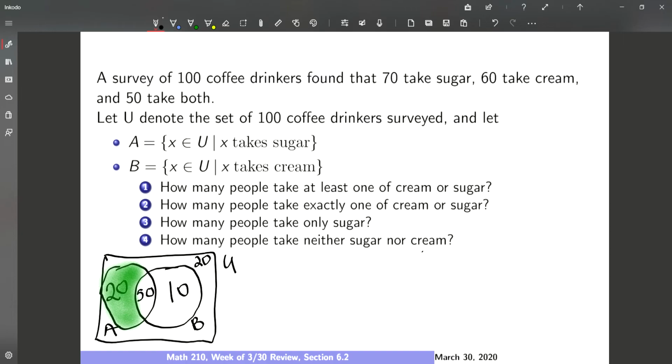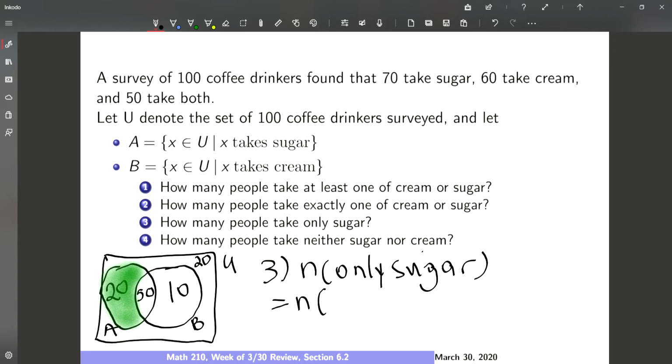So number 3, let me write it down, is the number of only sugar, which is equal to the number of A and not B. And we know that's equal to 20.